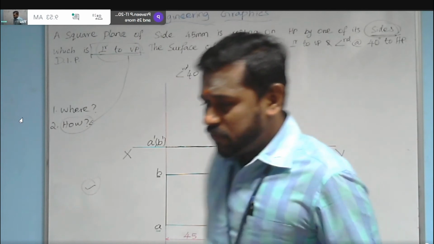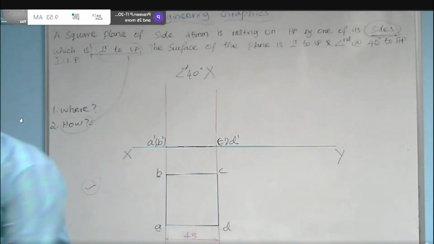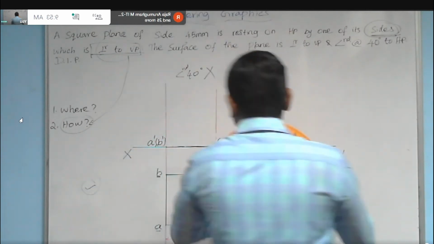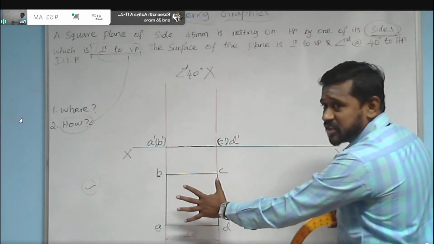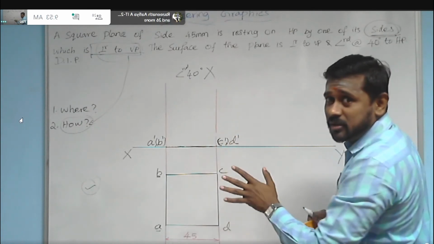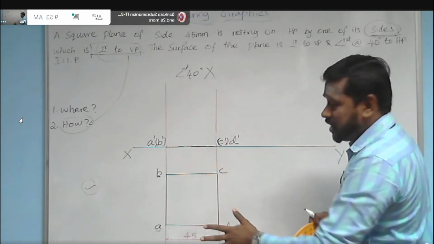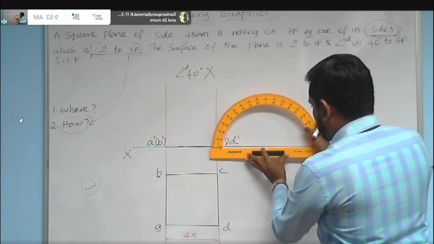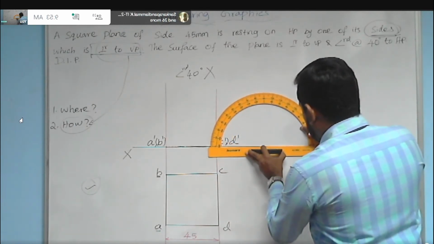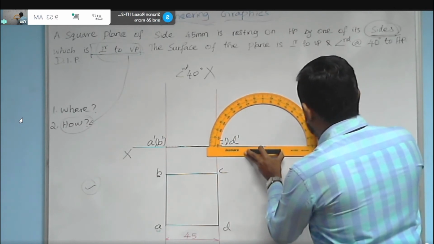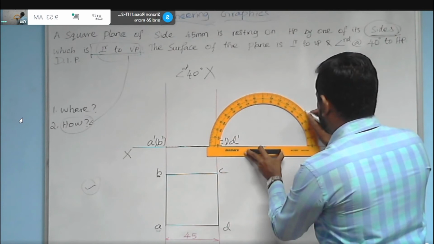So simply draw a pilot line here. This is the first stage. We did some rough work. Consider it is actually rough work. It's called a simple projection. In the next step we are going to have the actual projection. For that, first we need to draw a line which is inclined at 40 degree to HP. Here I am measuring.